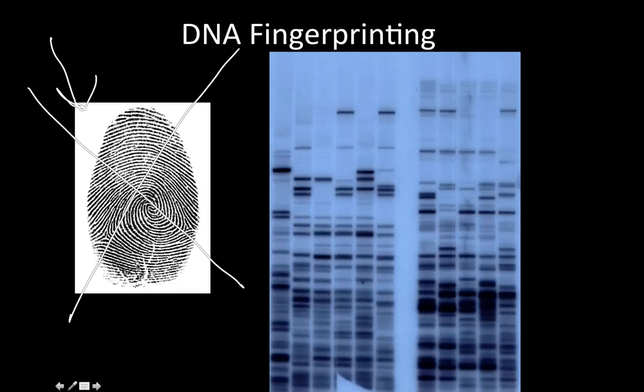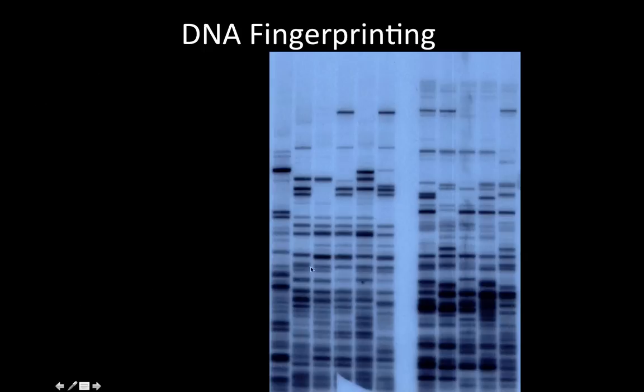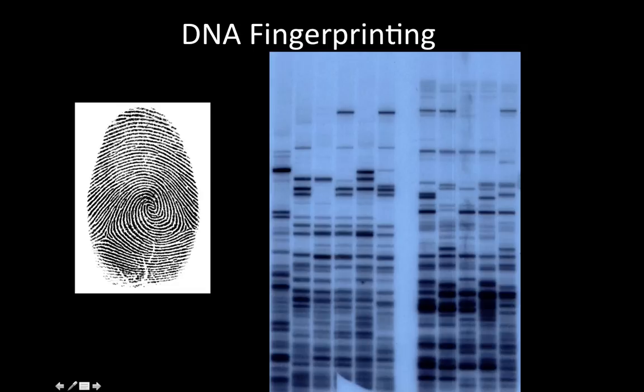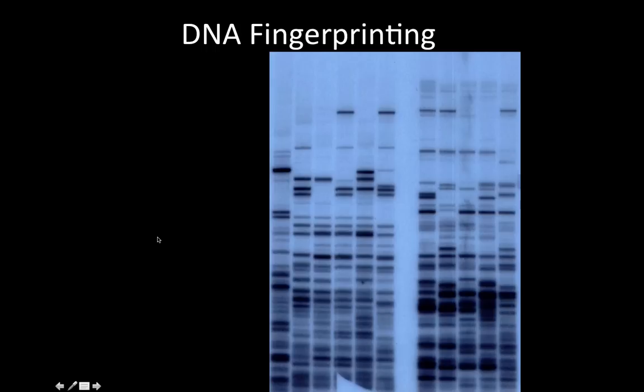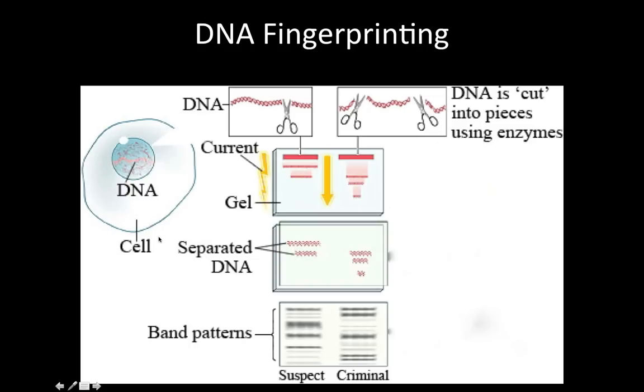A real DNA fingerprint looks like this, and we're taking care of all of the DNA, all of the genes for all of your body's cells. So that's why we're not talking about that guy, we're just talking about this. The DNA fingerprint, all of the DNA.